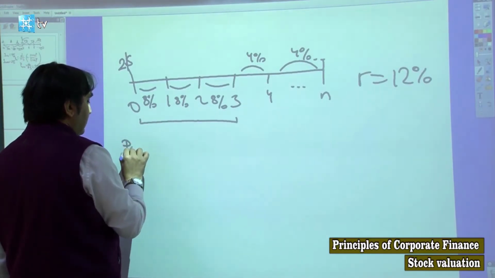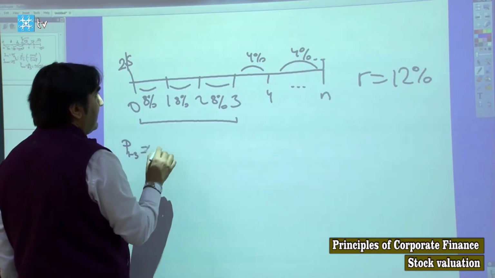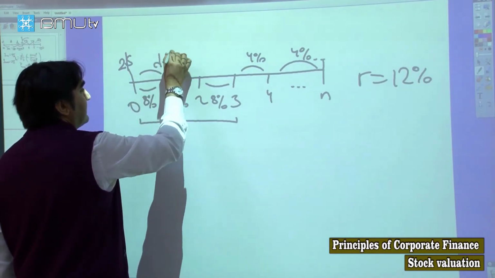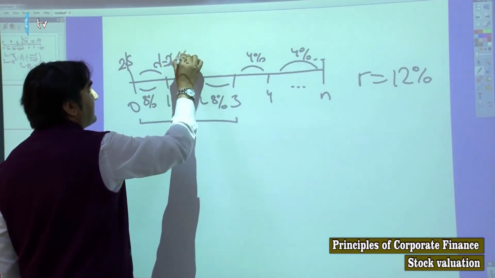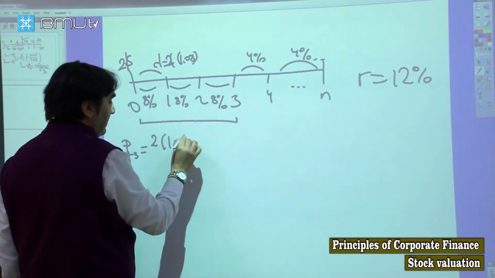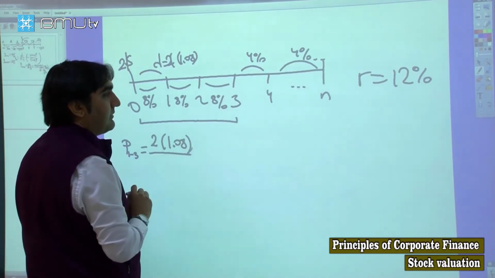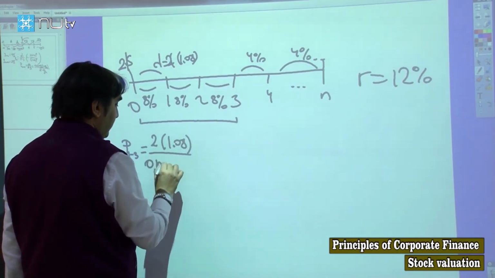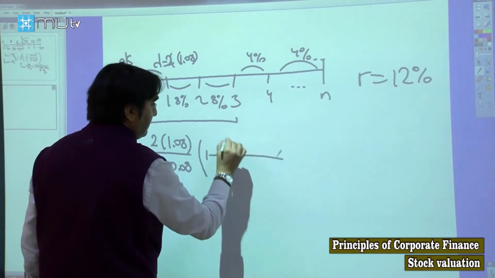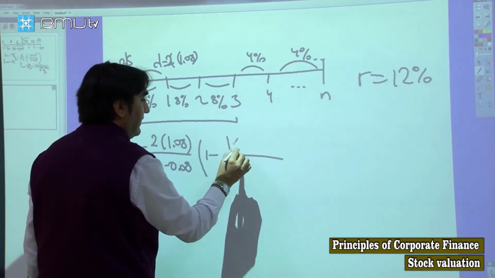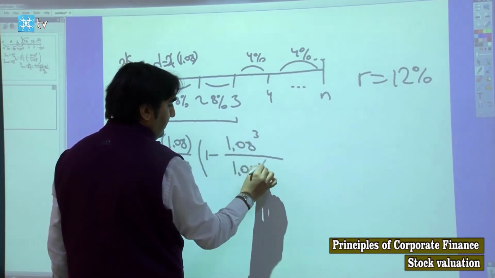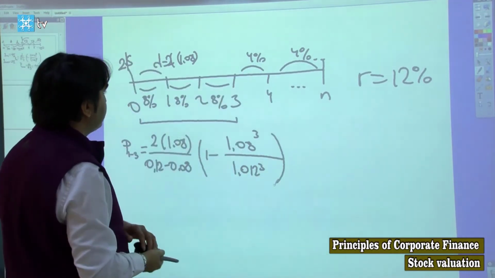Present value from 1 to 3 is dividend 1, D1, that equals $2 times 1.08, divided by R minus G, that's 0.12 minus 0.08, I'm just applying the formula, times 1 minus 1.08 to the power of 3 over 1.12 to the power of 3. This is the present value for the first 3 years.